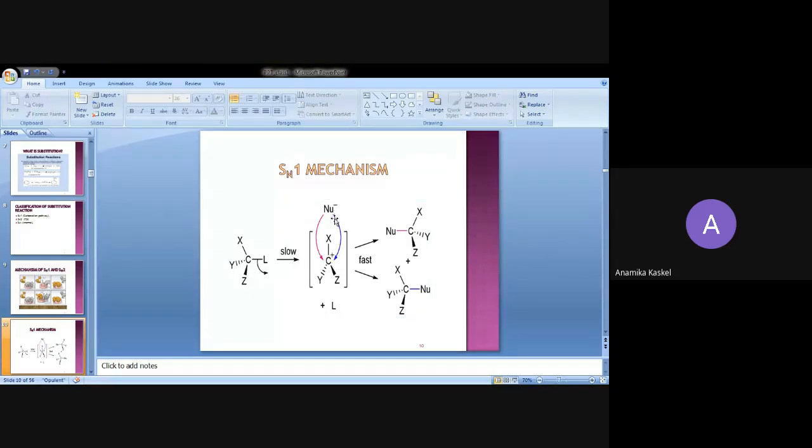If the nucleophile attacks from this side, this is the product formation, and if it attacks from the other side, this is the product formation. So we just go through this example.